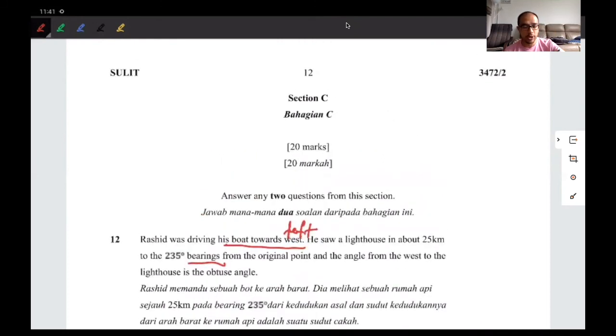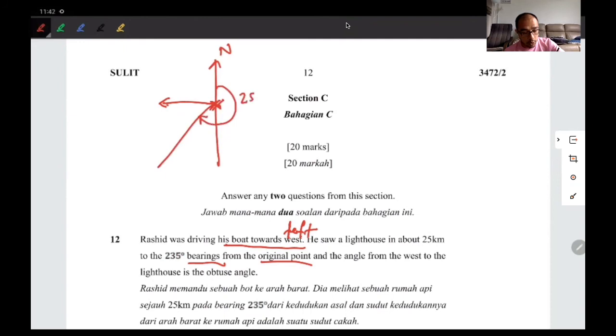So this is how I would draw it. This is the original point. He is going west, and I don't know how far he's going. But I know that at an angle of 235, if this is north, 235 is somewhere here.